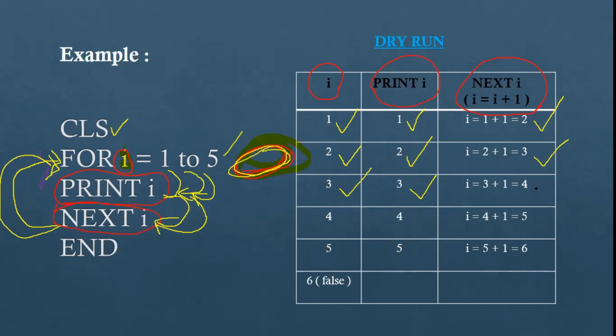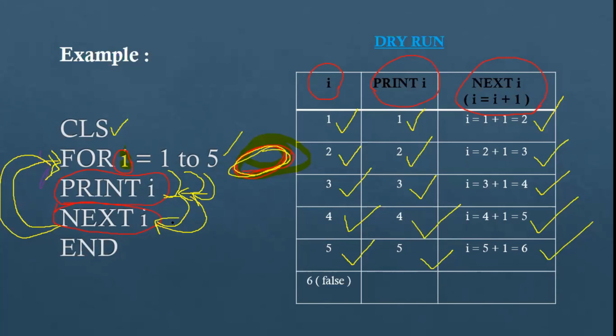So this will repeat, but until when? Until the value of I satisfies the condition. And the value of I is satisfied up to 5.